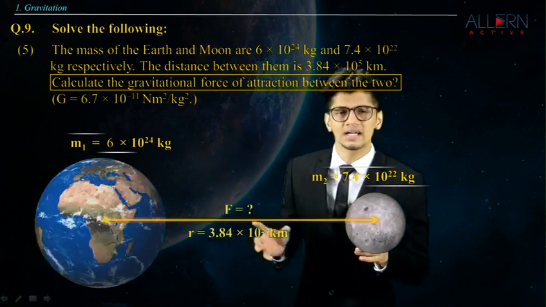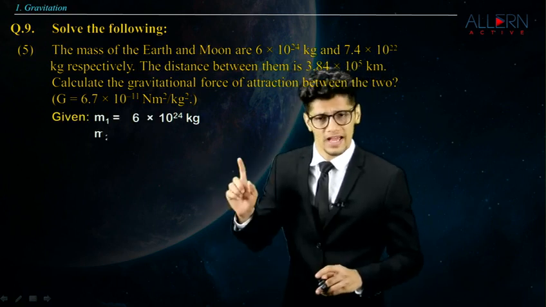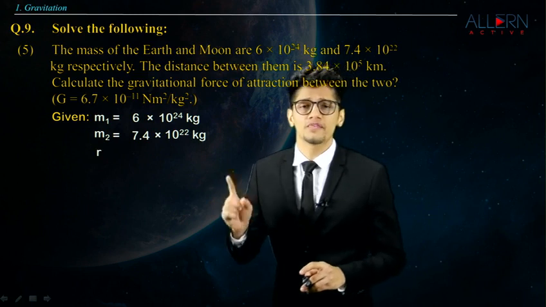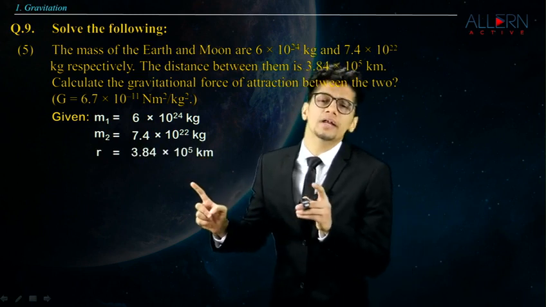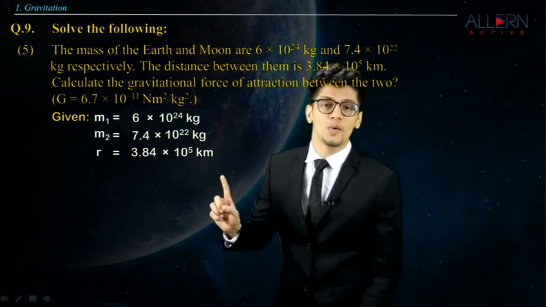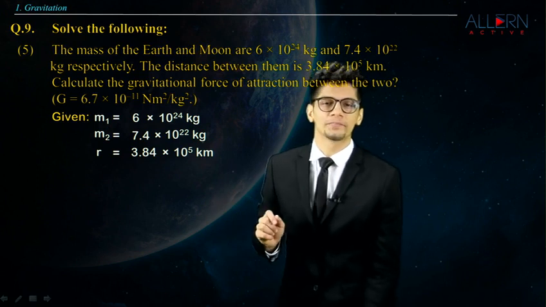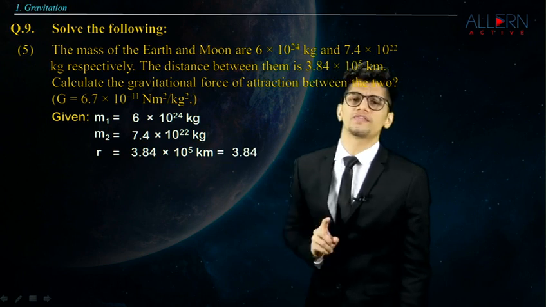So we'll write this data in the given. In the given we have the value of m1, the value of m2, and also the value of small r. But the value for small r is given as 3.84 into 10 raised to 5 kilometer, and kilometer is not the SI unit, remember. So we'll write 3.84 into 10 raised to 5 as it is.